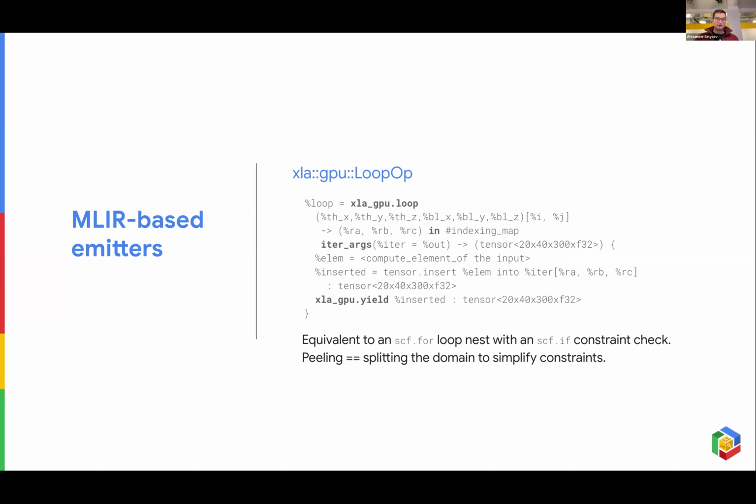And the first one can be simplified, like the peeling in MLIR. In peeling, you just split the loop into two so that the extract slice gets a perfect tile and doesn't have any dynamic computations for the tile size. Here we do the same, but we split the domain into two domains so that the first one has fewer constraints, which means that if you have fewer constraints, you don't insert additional ifs, and then you can probably vectorize.